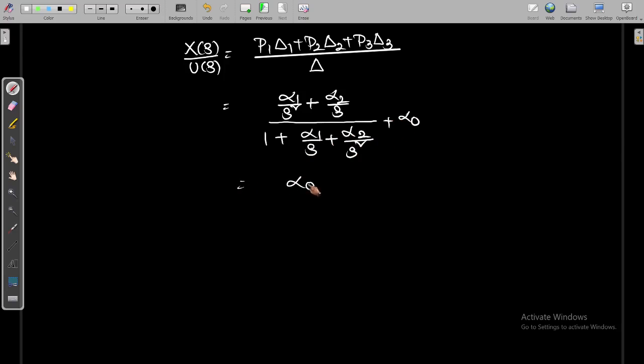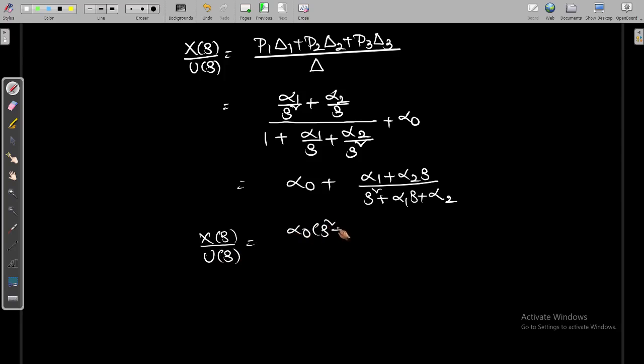Alpha naught plus alpha 1 plus alpha 2 s whole divided by s square plus alpha 1 s plus alpha 2. Now the final answer: x of s divided by u of s is equal to alpha naught into s square plus alpha 1 s plus alpha 2, plus alpha 1 plus alpha 2 s, whole divided by s square plus alpha 1 s plus alpha 2. So this is the final transfer function of the given signal flow graph.